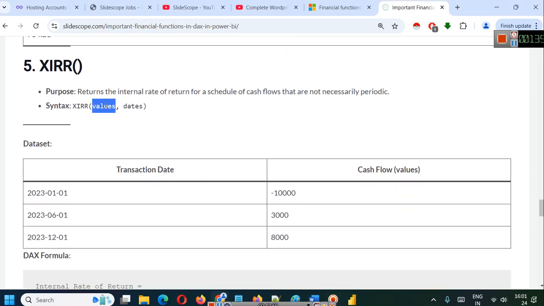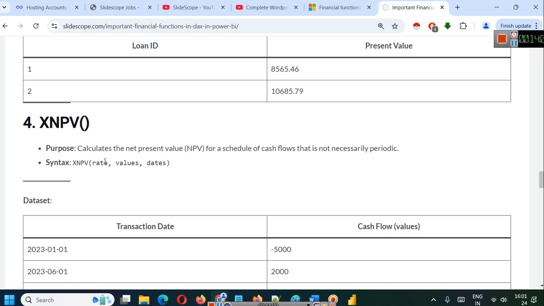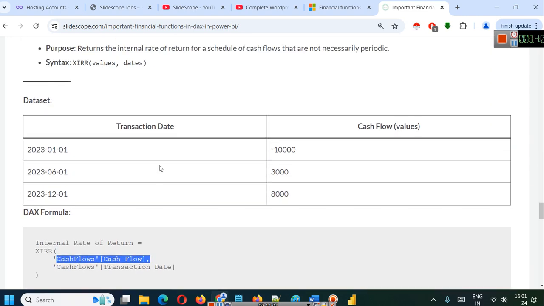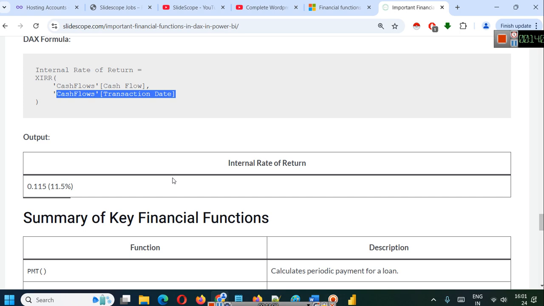Here also you have values and dates, but here you don't have the rate. You just write your cash flow, that is your value, and cash flow date, and then it will give you the internal rate of return, like 11.5% is your rate of return.